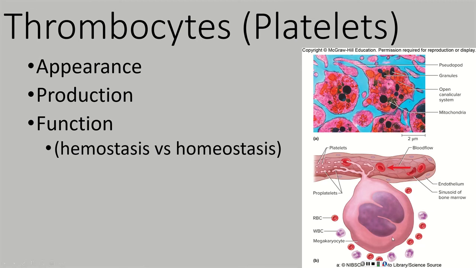The megakaryocyte goes on to extend parts of it into blood vessels. We can see here's the megakaryocyte. Here it's extending bits of itself into the blood flow. And then pieces of that megakaryocyte break off. And those pieces that break off, just little flecks of cytoplasm basically, are platelets.